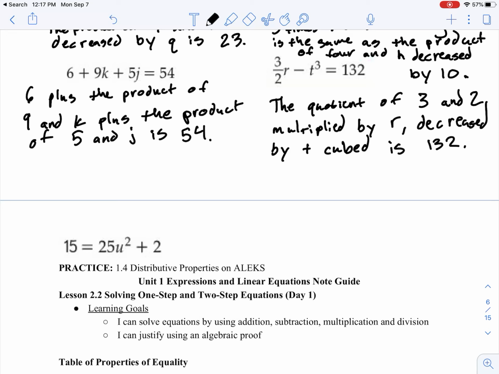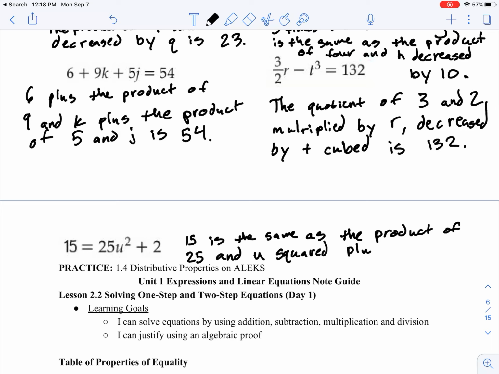And then the last one here, 15 is the same as the product of 25 and u squared plus 2.